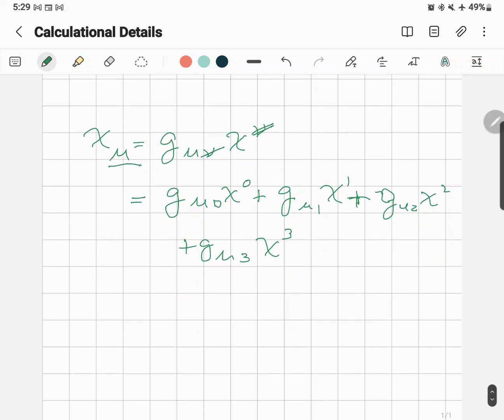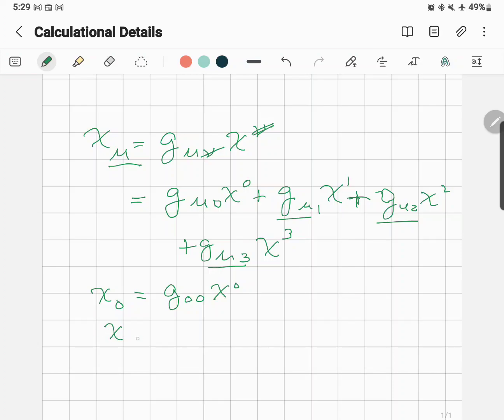Now for x0, this would just be g_{μ0} 0 x0. The rest would be 0, this would also be 0, and this would be 0, so there's nothing you can add there.